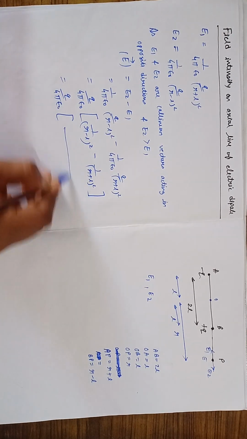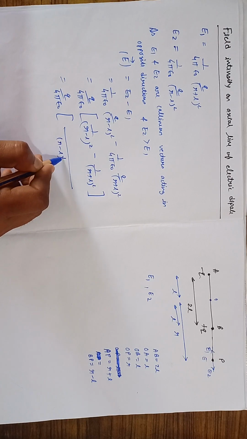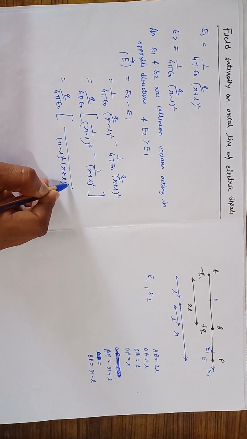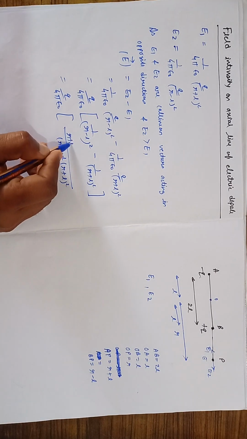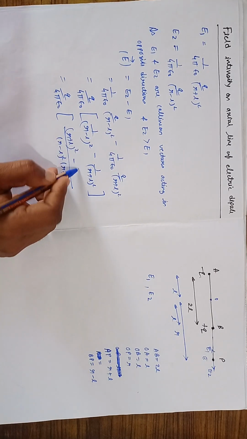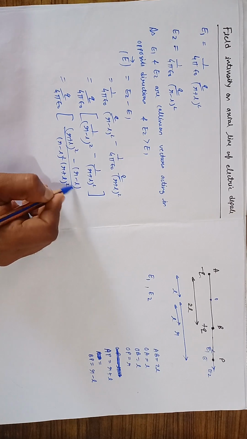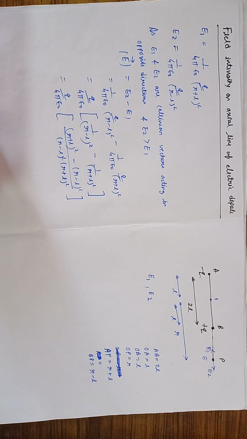We will take the LCM, (r minus l) whole square times (r plus l) whole square. This term will cancel, and the term (r plus l) square will come here, and (r minus l) square will come here.